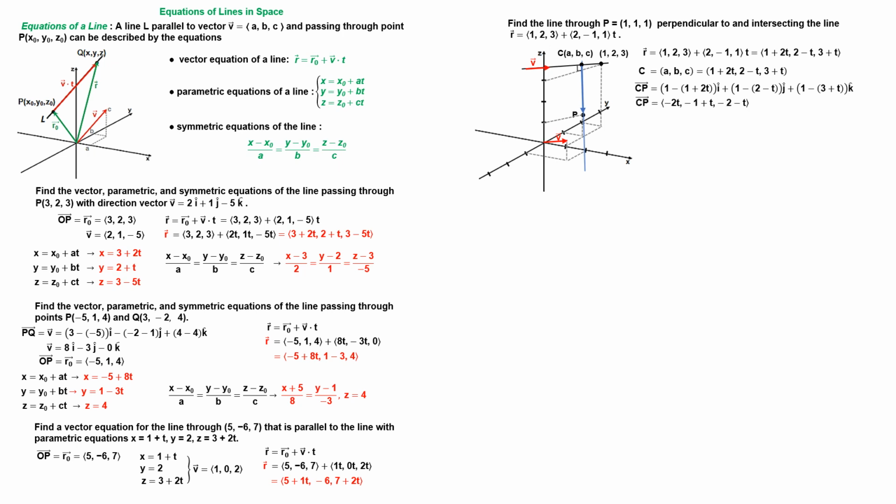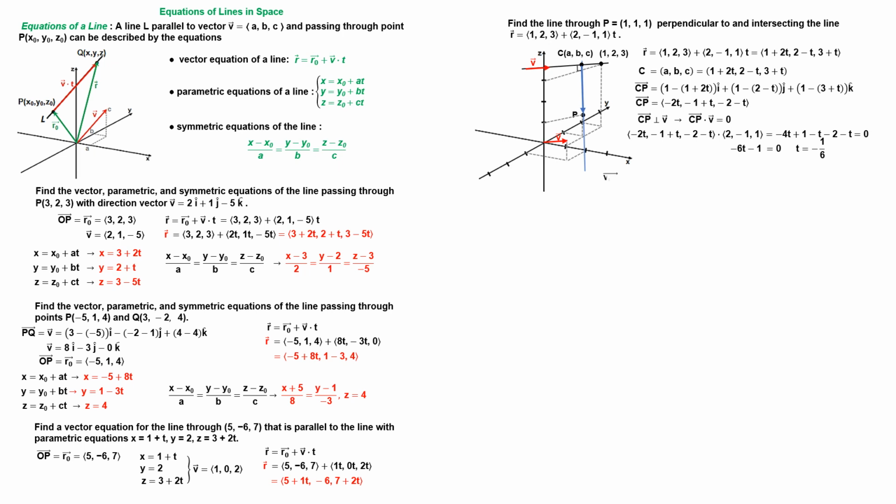We know that the dot product of two perpendicular vectors is 0. To find the coordinates of point C, we perform the dot product between vectors V and CP to obtain the scalar t.